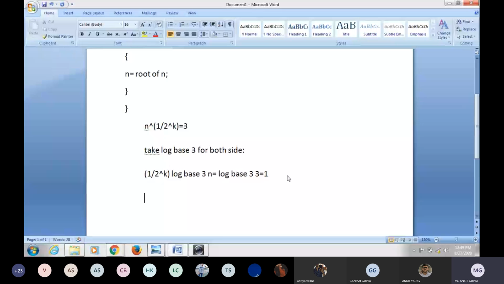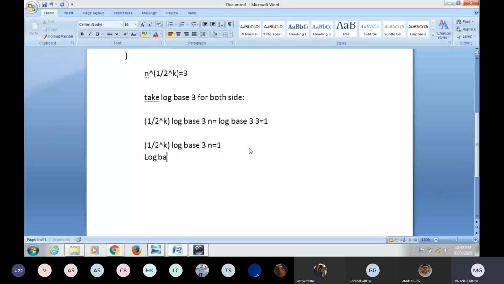So 1 by 2 raised to the power k times log base 3 n is equal to 1. Now 2 raised to the power k will go to the right side, so log base 3 n is equal to 2 raised to the power k. Did you get this?